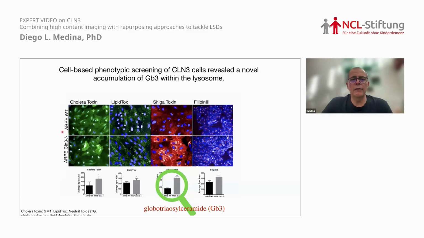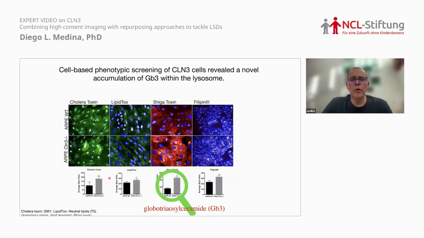We treated human retinal pigmented epithelial cells, wild type, and CLN3 knockouts. As you can see from the different bar plots, CLN3 cells accumulate basically all these lipids, okay?